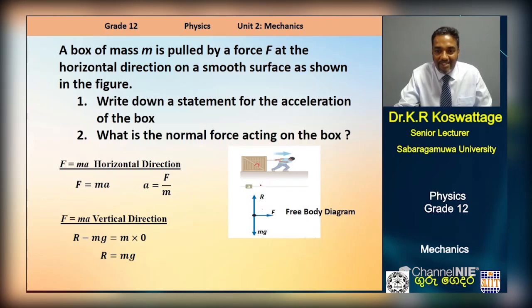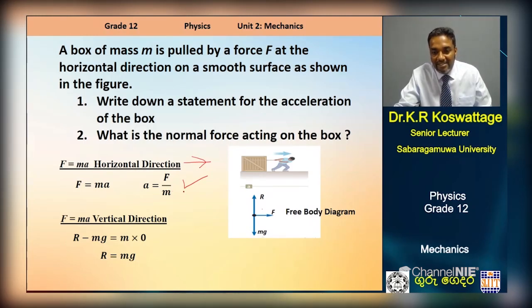Write down a statement for the acceleration of the box. The force F is in the horizontal direction, and we have acceleration, so we just write F equals ma in this direction, and then you can find a.